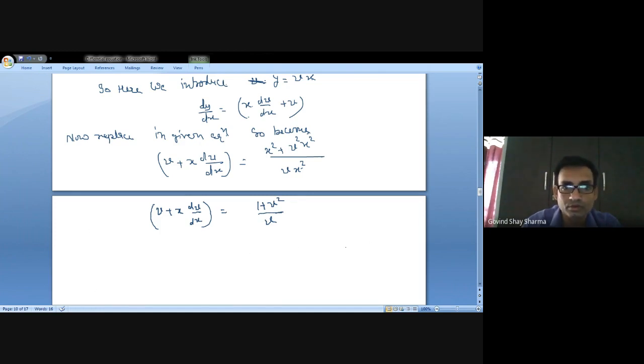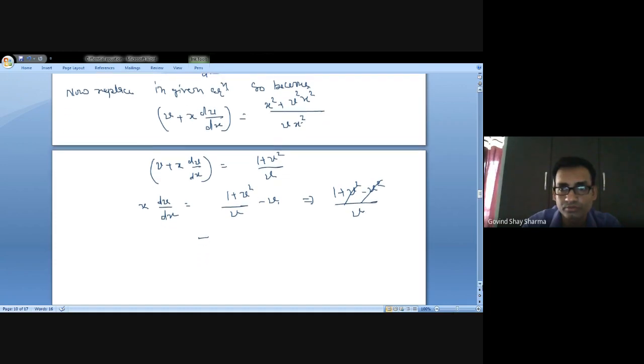Now we get x dv upon dx is equal to 1 plus v square minus v, and v square cancels.